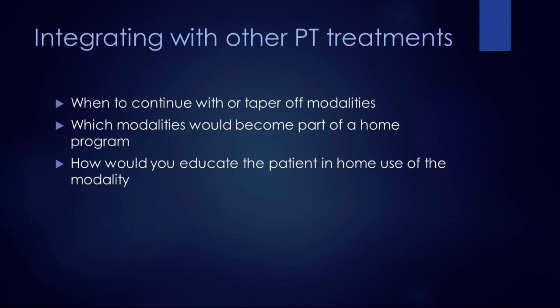The more they can use their affected limbs, the better results they're going to get. And so integrating modalities is a great way to help affect tissue healing and affect pain and affect the things we want to affect, but it is not the only thing that we're going to be doing, and we are going to be progressing to a more active treatment effect.